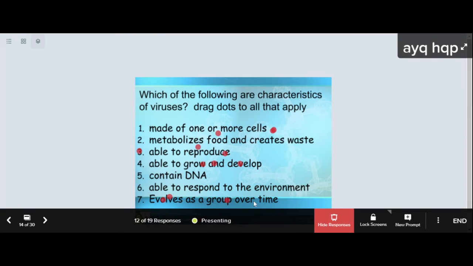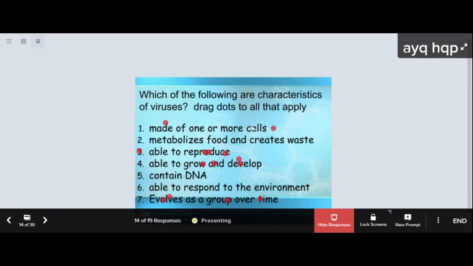Okay. Yeah, so evolves as a group. If your dot's there, that's very good. Contains DNA and RNA, that's also one right there. Yes. Able to reproduce? Yes. Nothing else here should have a dot on it.